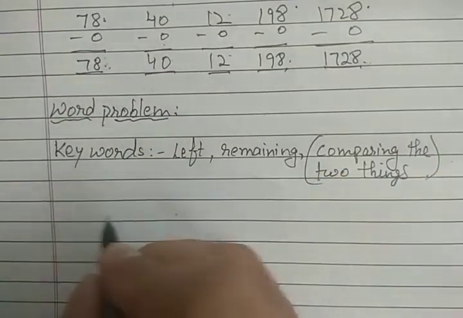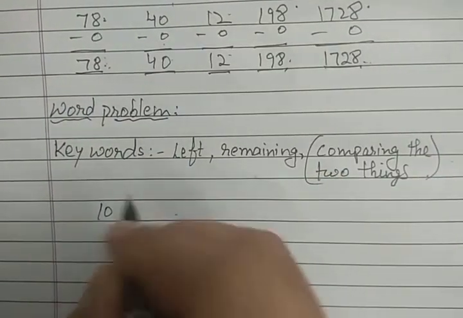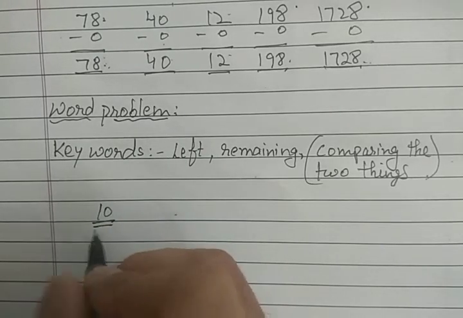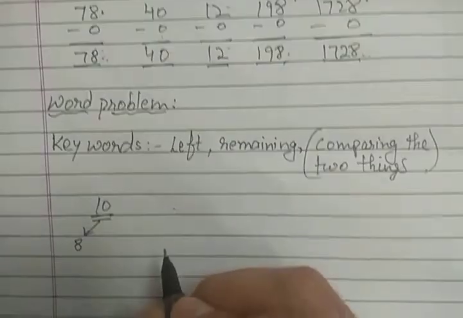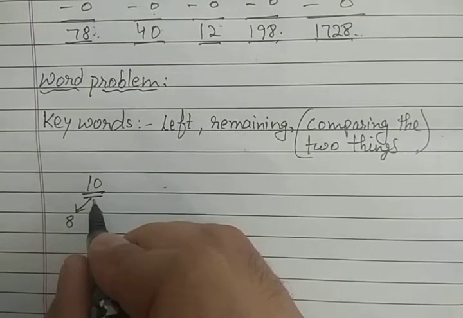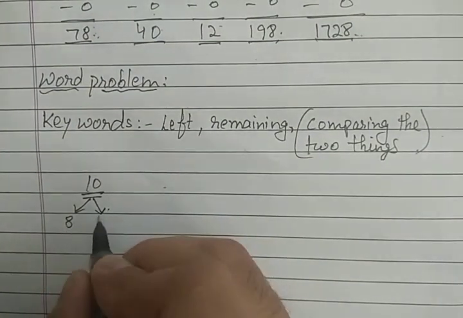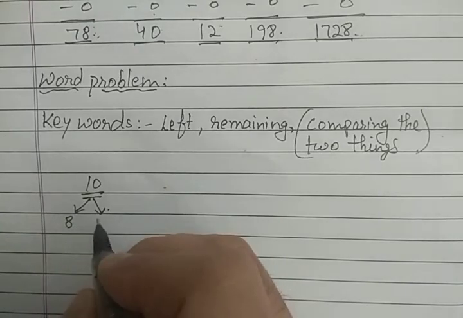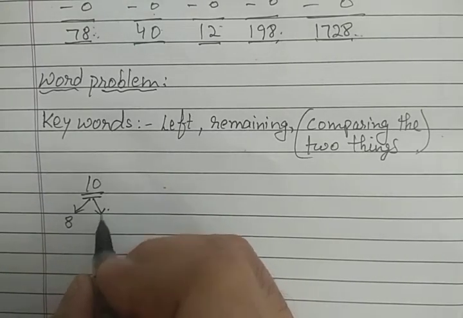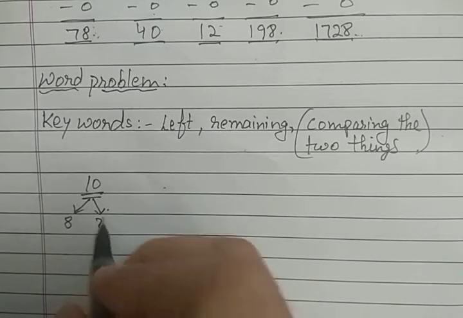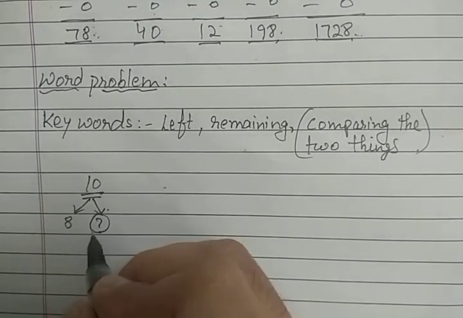Here you have 10 chocolates. Out of these 10 chocolates, 8 are dairy milk and the remaining are Kit Kat. So you have to find out the number of Kit Kat chocolates.